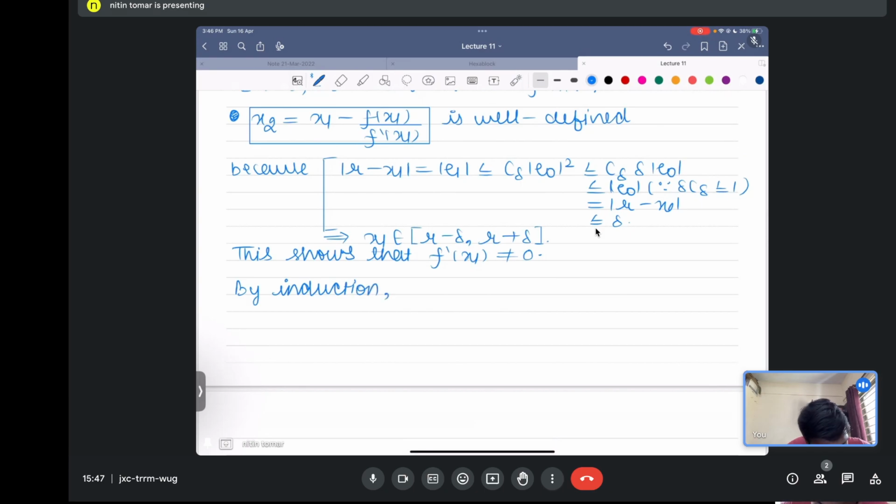By induction it follows that each x n is well defined. So this was the statement 1, right?